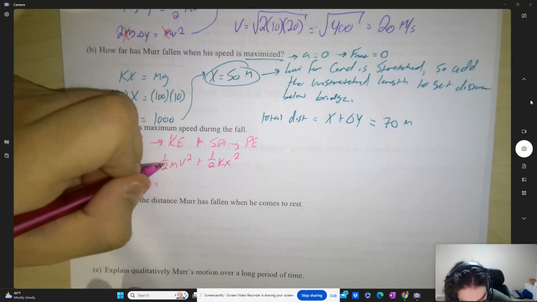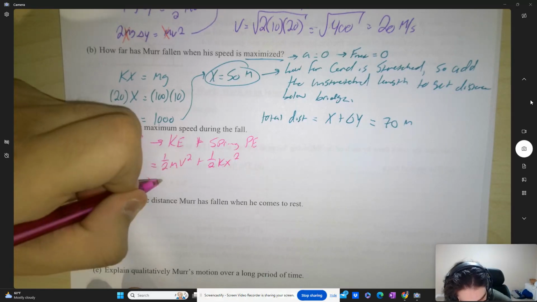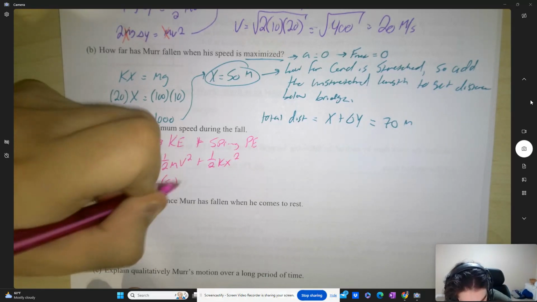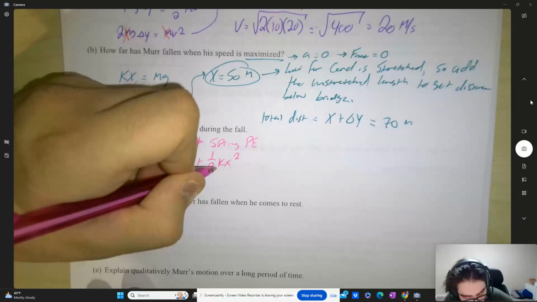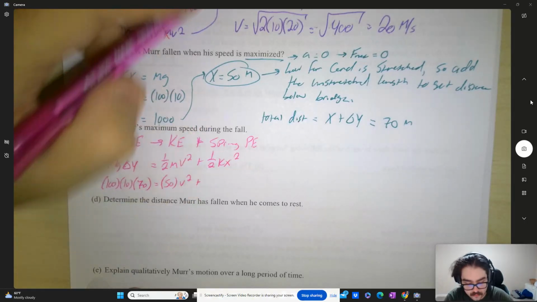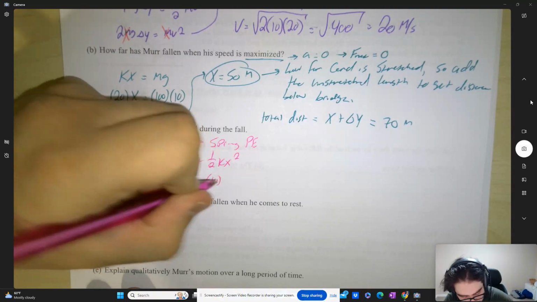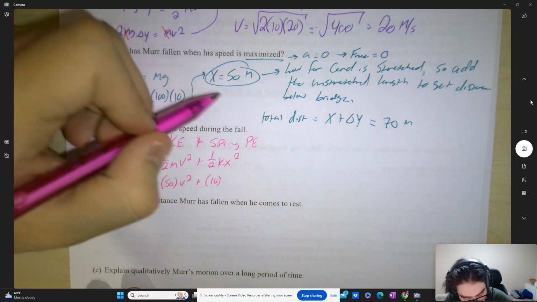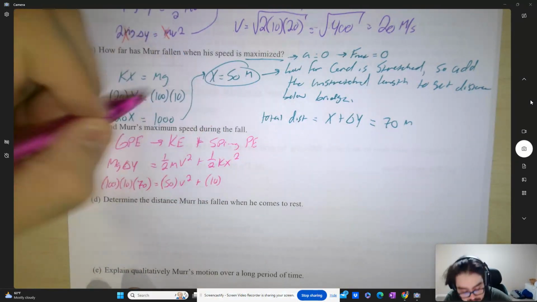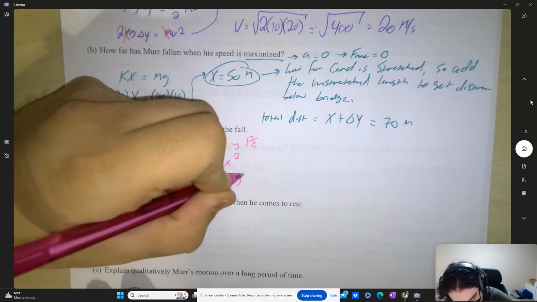And then 1 half of m. His mass is 100, so half of m should be 50, times v squared, plus 1 half times k. That's 1 half of the spring constant, which is 20, so that's going to be 10. And then the stretch of the cord is going to be 50, so 50 squared.